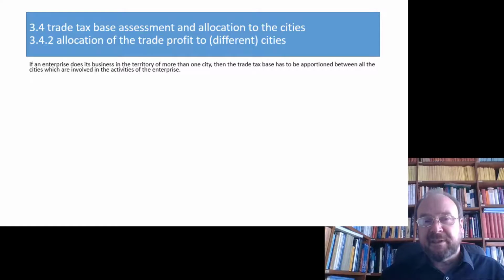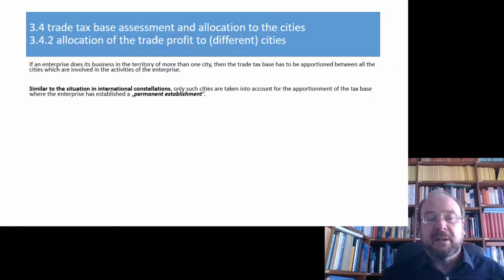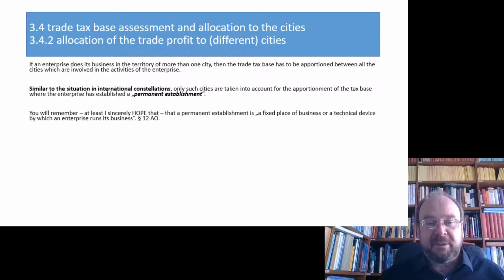Then naturally the trade profit or the resulting trade tax base has to be apportioned, distributed between all these cities involved. And the first thing you should notice is that, similar to the constellation in international context, only such cities get a part of the prey, so a part of the tax base, where the enterprise has a permanent establishment.